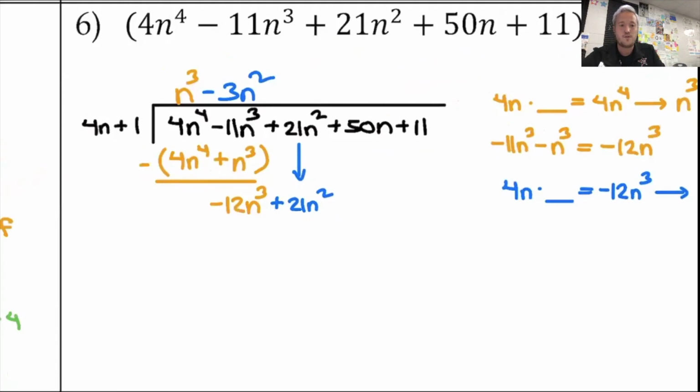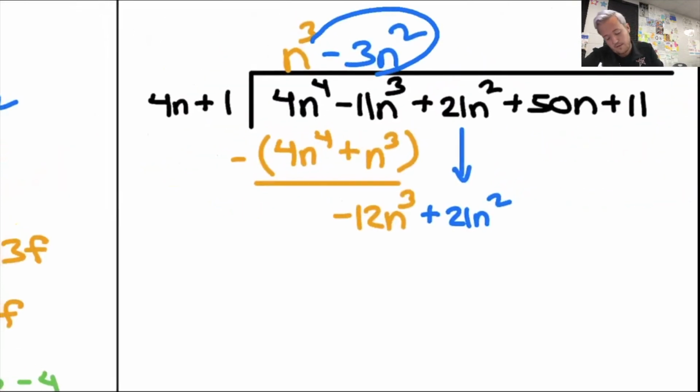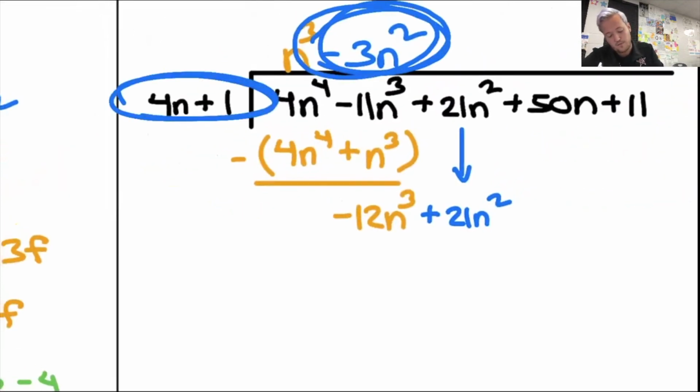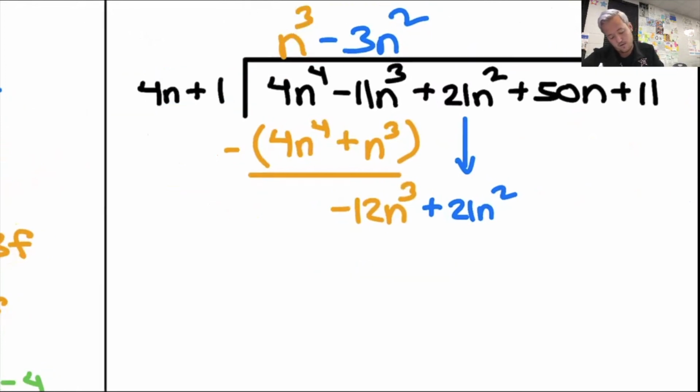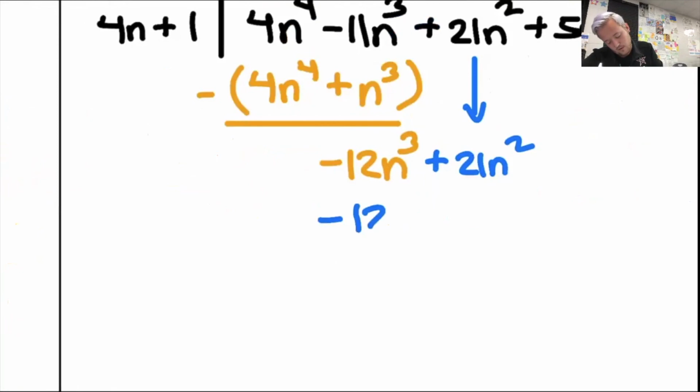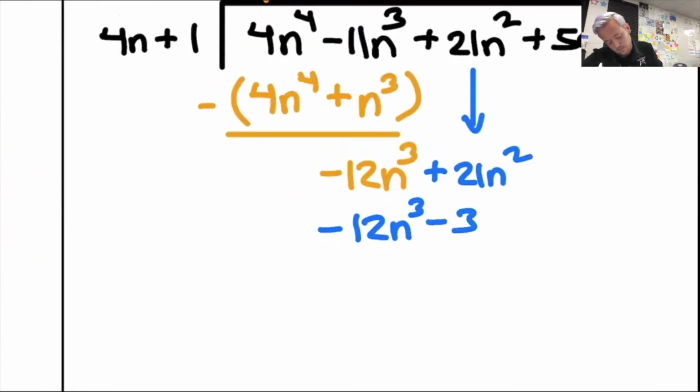All right, now I want to multiply. So negative 3n squared times 4n plus 1. You write it right here underneath. So we're going to have negative 12n cubed minus 3n squared.